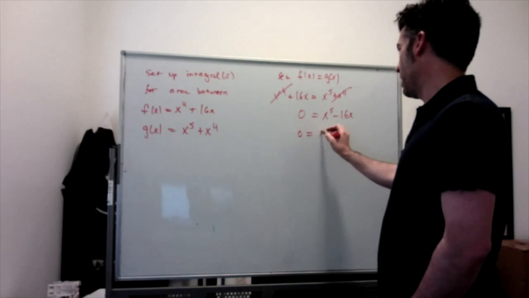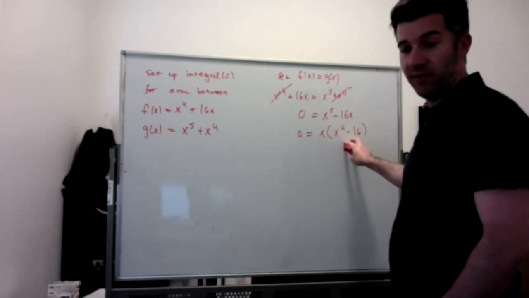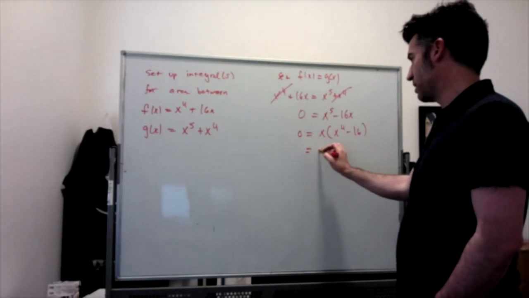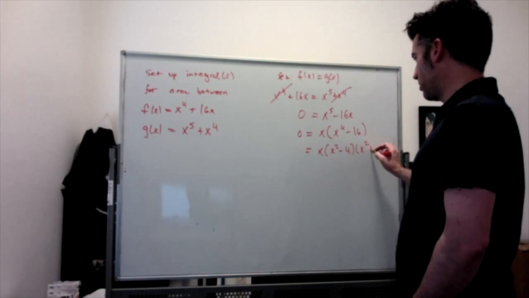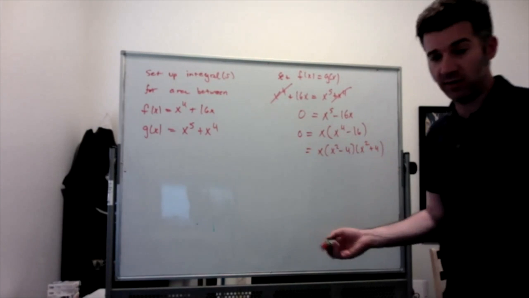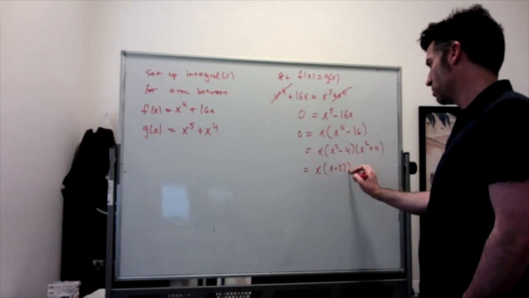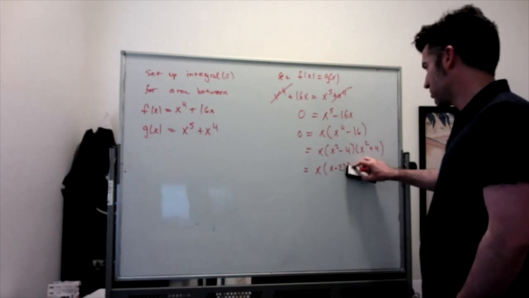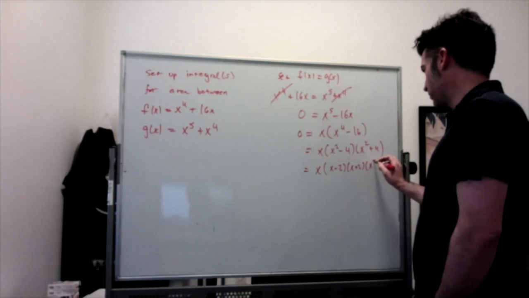We can factor out an x. We're left with an x to the fourth minus 16. That definitely factors. That factors as x squared minus 4 times x squared plus 4. And that factors even further. That factors as x minus 2 times x plus 2 times x squared plus 4.